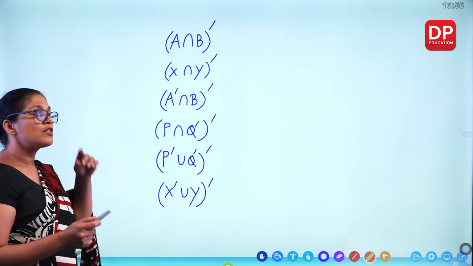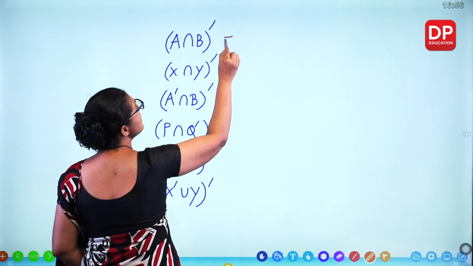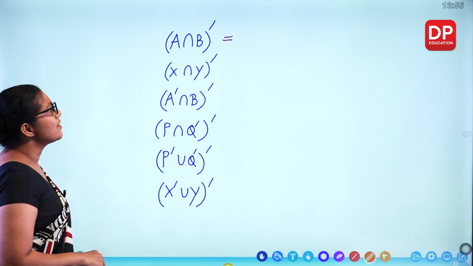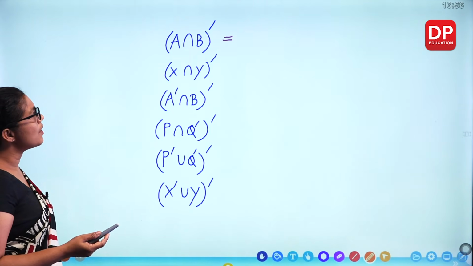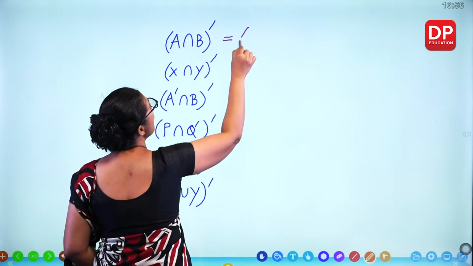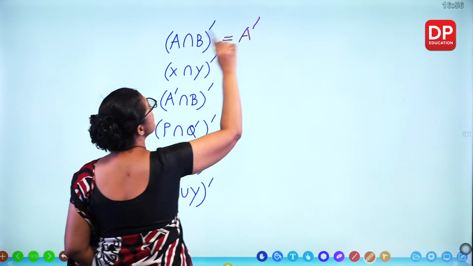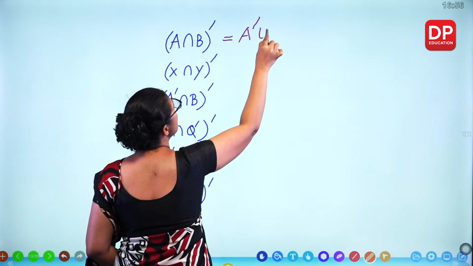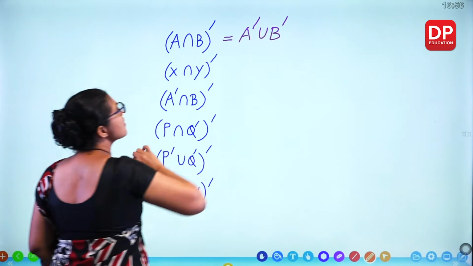Now using the duality theorem, the duality principle, can you write this the other way around? A intersection B dash is equal to A dash, intersection becomes union, and B dash.